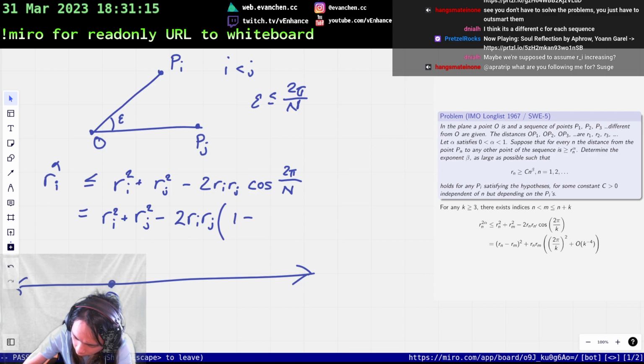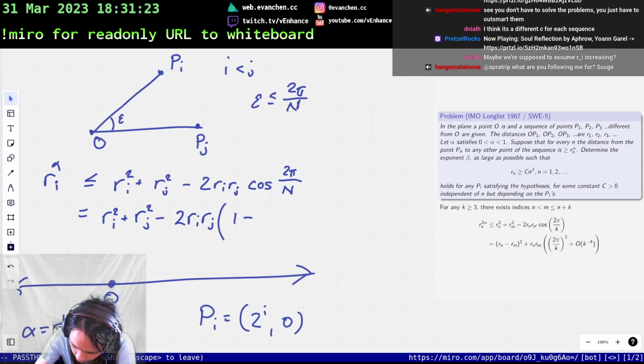We're gonna take pi equals 2 to the I, comma 0 for most I. And alpha is like, I don't know, 1 over 1,000 or something. It doesn't really matter. And then we're going to take c equals 1. That's also okay. Oh, actually it doesn't matter what constant I take.